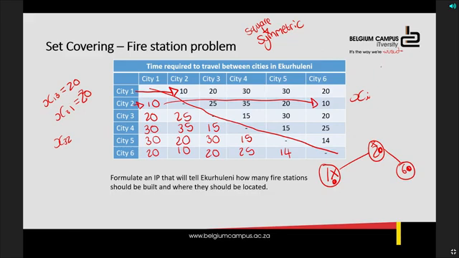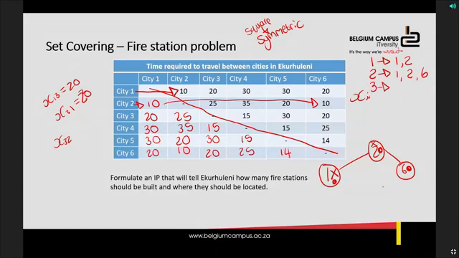So if you wanted to create a table so far, if I put a fire station in 1, it's going to cover itself, because if it's in itself, it's definitely within 15 minutes, and it's going to cover city 2. If I put a fire station in city 2, it's going to cover itself, yes, but also city 1 and city 6. So we're setting this table up that you saw before.